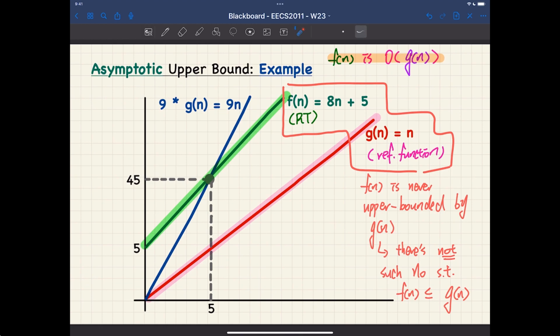So what does that mean? That means we need such c to modify the slope of this function over here. That's what we need to do. And how do we modify that? The way to modify that is by multiplying the g of n over here by some multiplicative constant. In this way, we got 9, right?